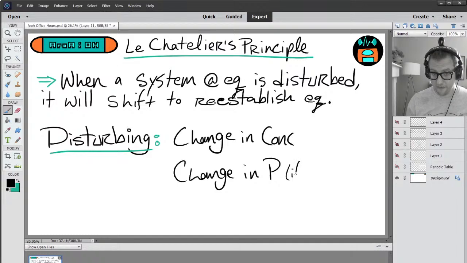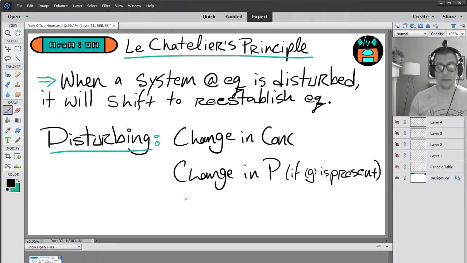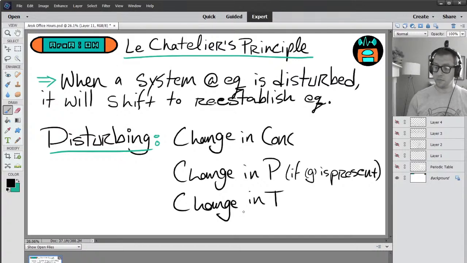Quick note, if gases are present. And changes in temperature can also disturb equilibrium.